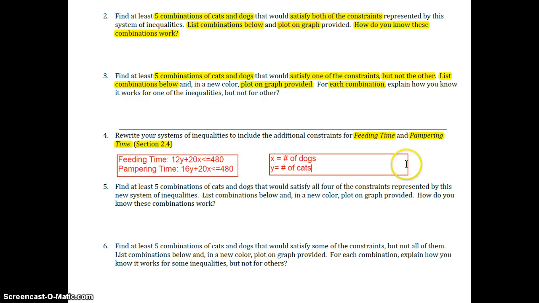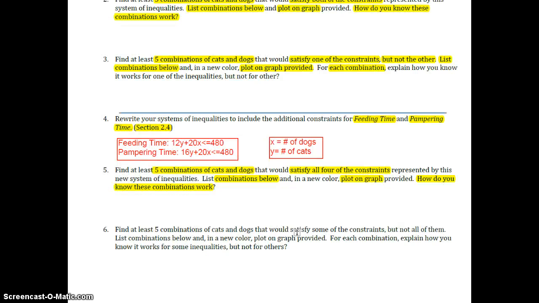You're going to do essentially the exact same thing as above, but this time you are going to find 5 combinations of cats and dogs that satisfy all 4 of the constraints: the space, the startup cost, feeding time, and pampering time. List the combinations below, and then in another new color, plot them on the graph, and tell me how you know those combinations work.